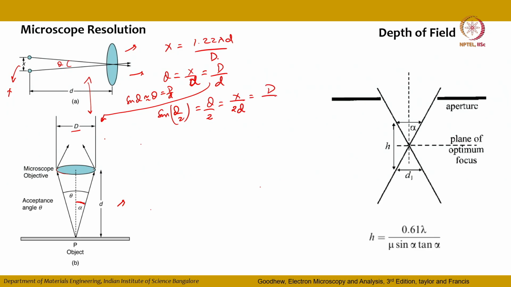Hence sin alpha can be given by x by 2D. So 2 sin alpha is equal to x by D.